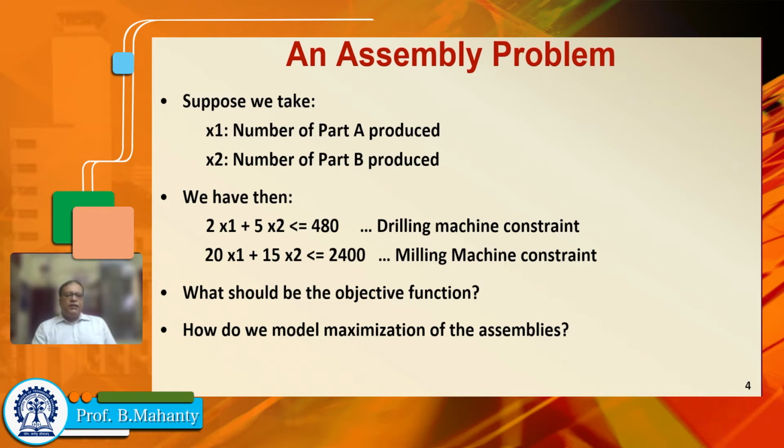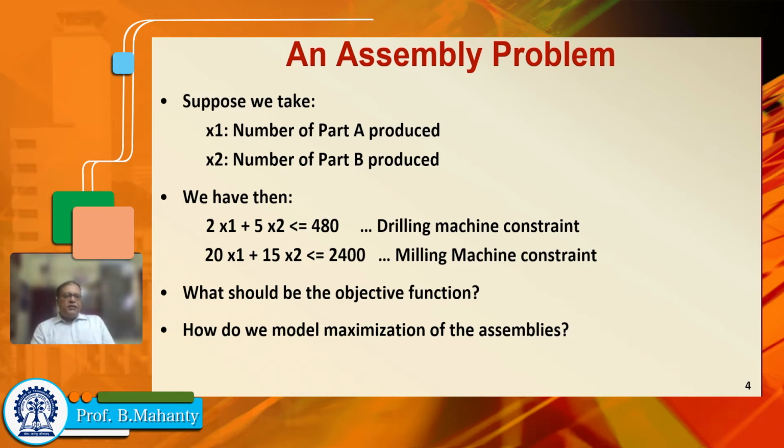So in terms of minutes, since only one drilling machine is there, the total number of minutes available on the drilling machine is 480. On the other hand, there are 5 milling machines available. So total minutes available on the milling machines is 2400.